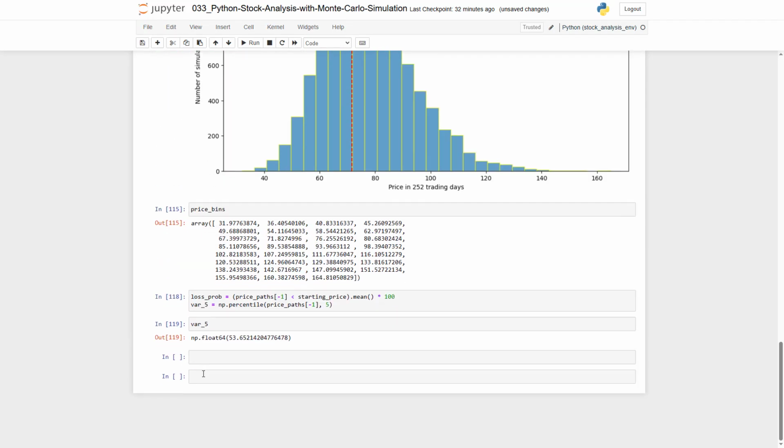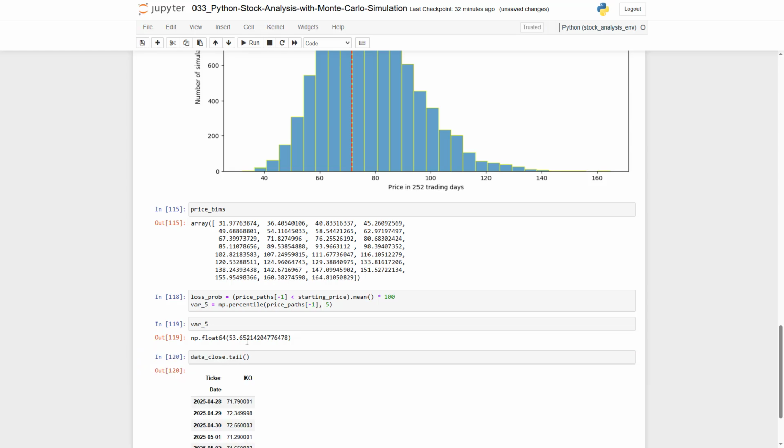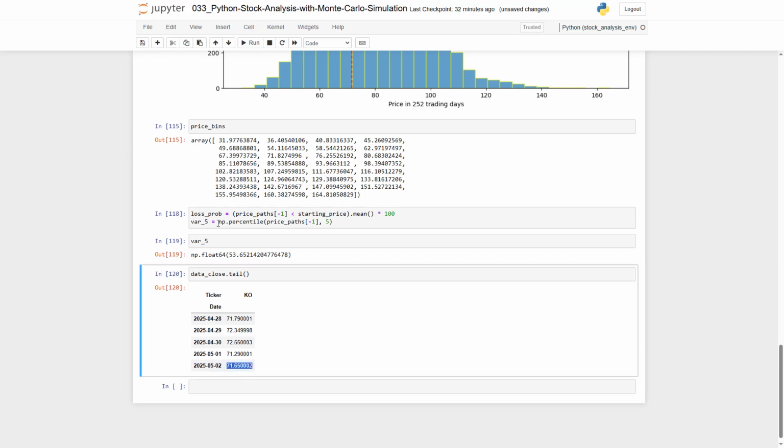Let me see. Data close tail. The ending price was 71, and it means that the worst 5% in our calculations were 53. Well, it means if it ever hits 53, run.